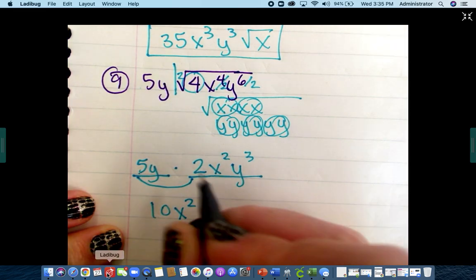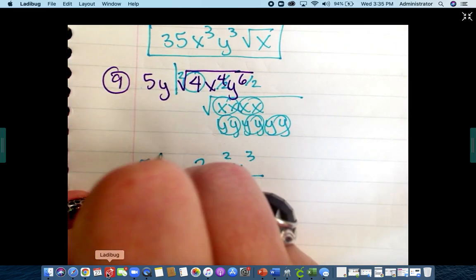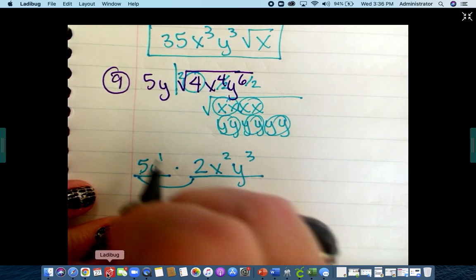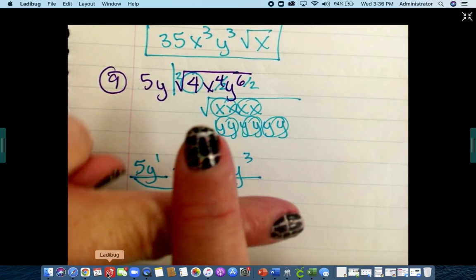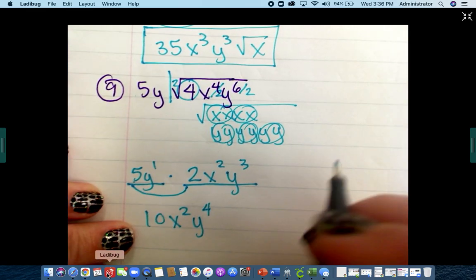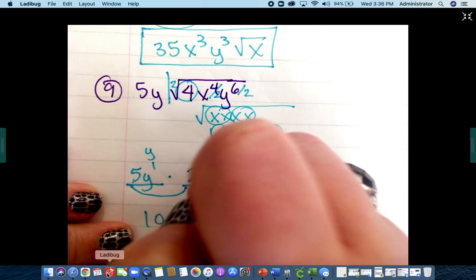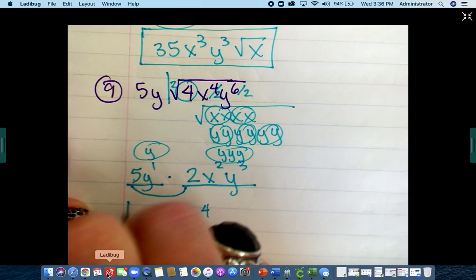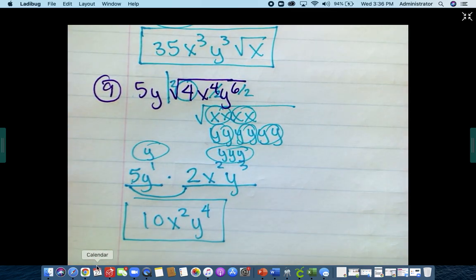In alphabetical order, I'm next going to put x's. And now I have 1y being multiplied by 3 y's. So remember, when I multiply like bases, I add the exponents, which gives me y to the 4th. Or keep in mind that this is 1y times 3 y's, and together that makes 4. And that's what you would type in.